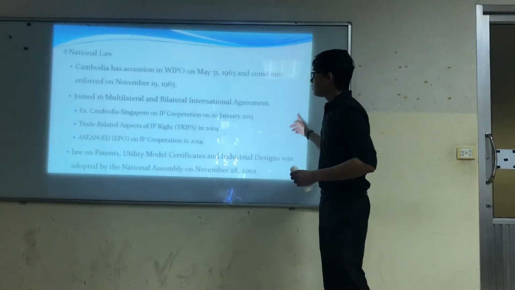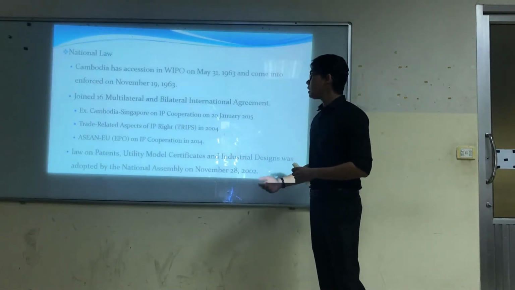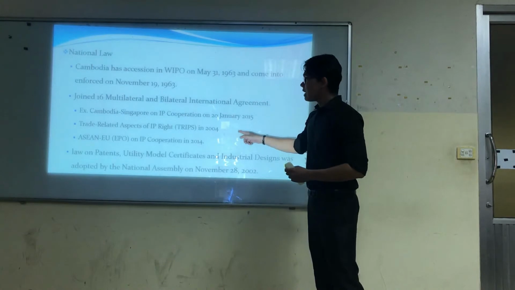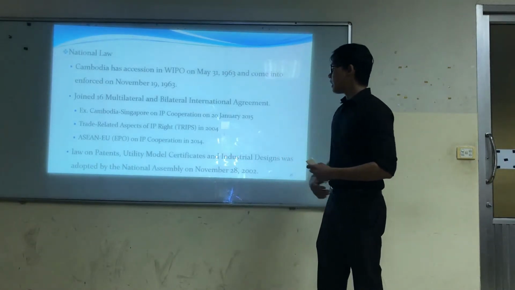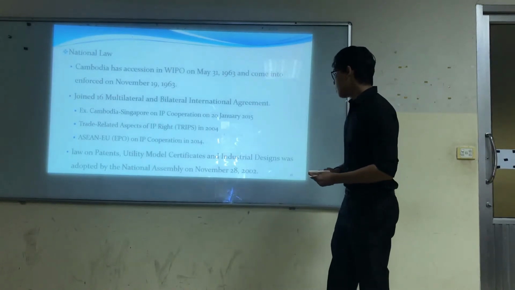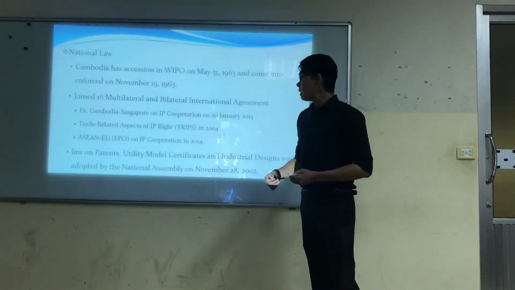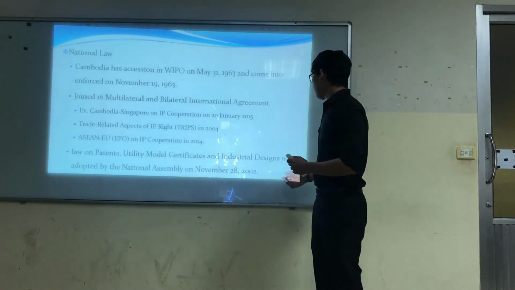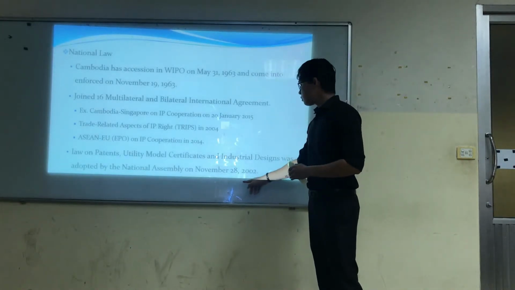Now I will list only three agreements, such as the Cambodia-Singapore IP cooperation on 20 January 2015, the Trade-Related Aspects of Intellectual Property Rights in 2004, and the ASEAN-EU IP cooperation in 2014. Furthermore, we also adopted the law on patents, utility models and industrial designs in our National Assembly on November 28, 2002.